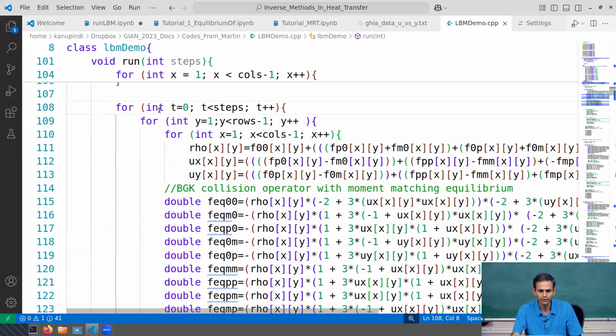All right. Okay. So as part of the code, we have certain time steps where t is going from 0 to number of time steps, t plus plus.